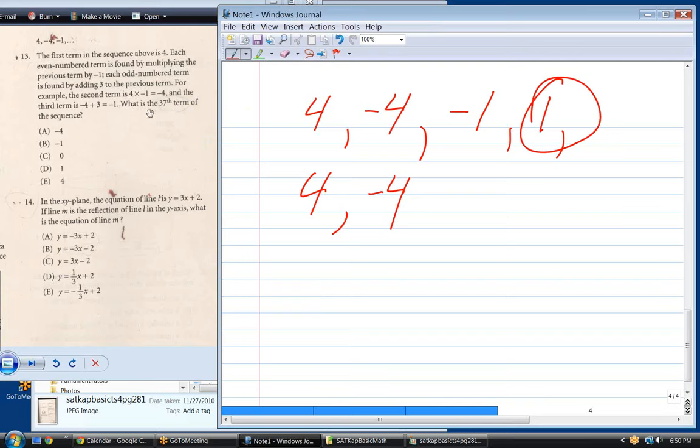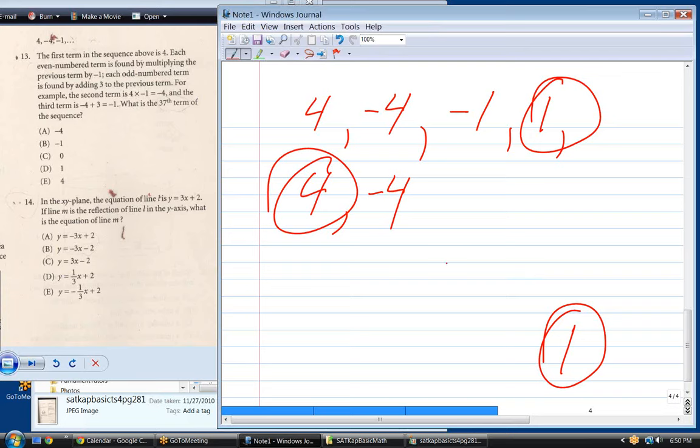In other words, because 36 is an even multiple of 4, the ninth row here is going to end in that 1. And that'll be the 36th term. So the 37th term is the first term of the sequence, which is 4.